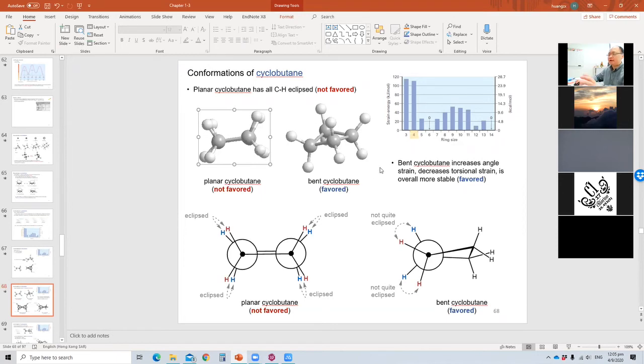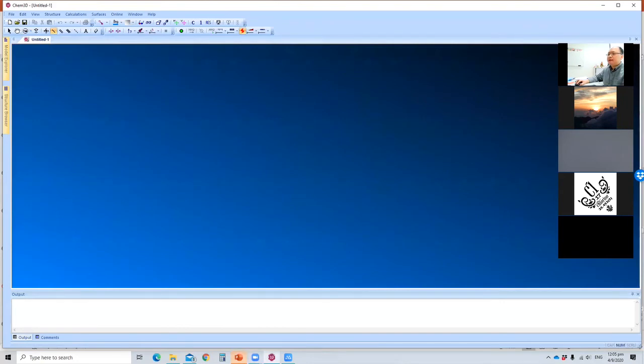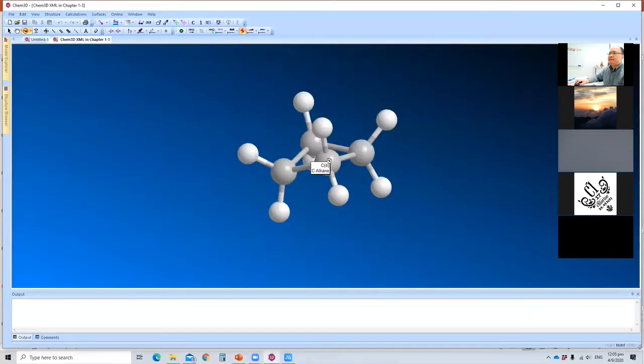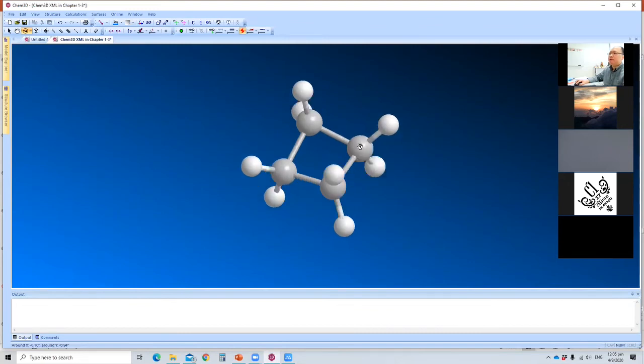Why? There are 2 factors here. Bent cyclobutane actually increases angle strain because in the planar form it has a 90 degree bond angle, and if you bend it, the angle is now lower than 90 degrees because you bend the CC bond.